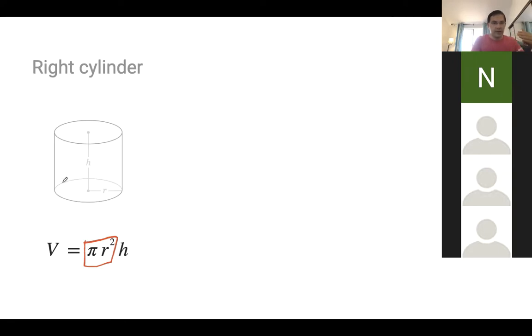So what we do is I have to find the, notice one thing, area. So this is the area of the base. And then what I do is I multiply this by the height. Multiply this by the height. Well, we'll get back to this in a second. Okay, so this is the volume of a cylinder.